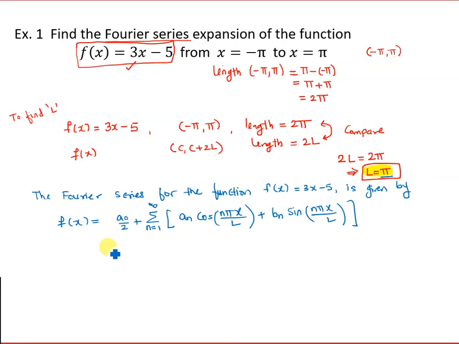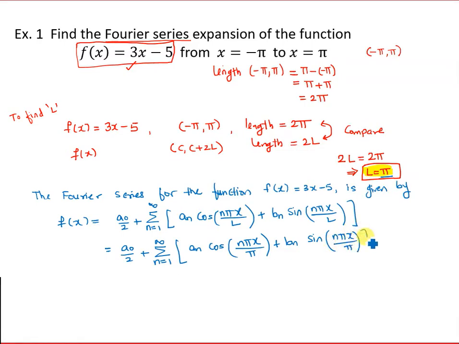Let's substitute it. This gives you a0 over 2 plus summation n from 1 to infinity of an cos of n pi x over pi plus bn sine of n pi x over pi.